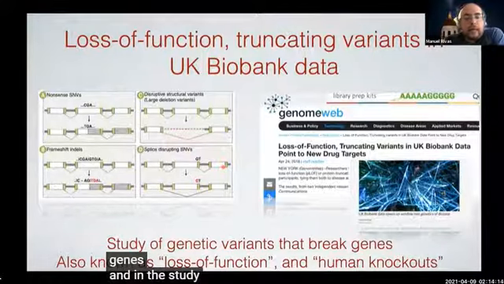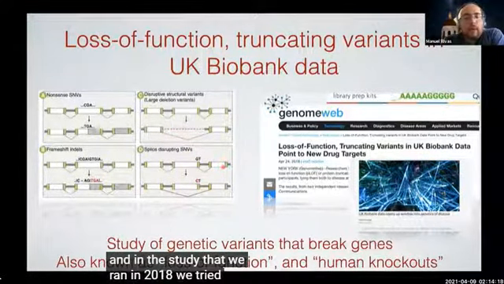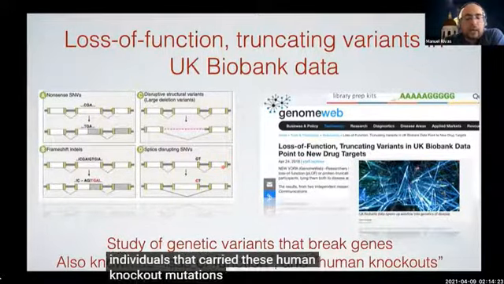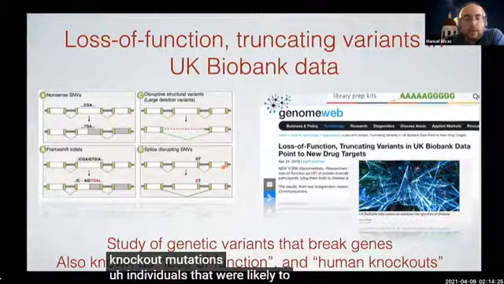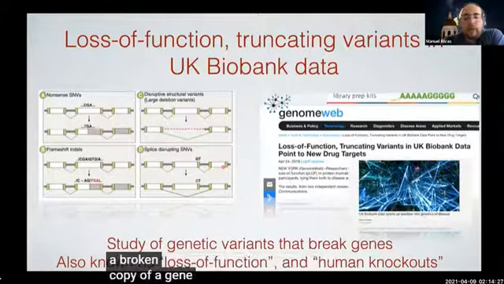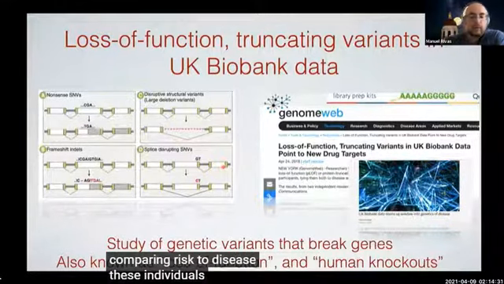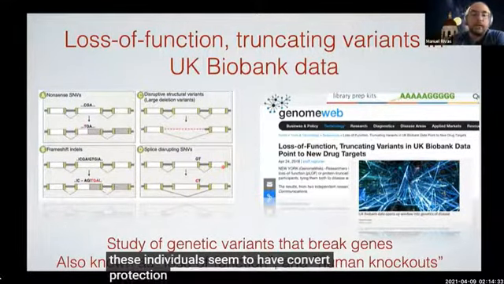And in the study that we ran in 2018, we tried to identify individuals that carry these human knockout mutations, individuals that were likely to have a broken copy of a gene. And in fact, instead of conferring risk to disease, these individuals seem to have conferred protection against disease.